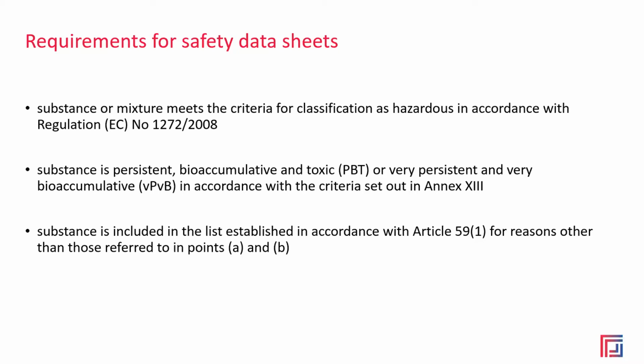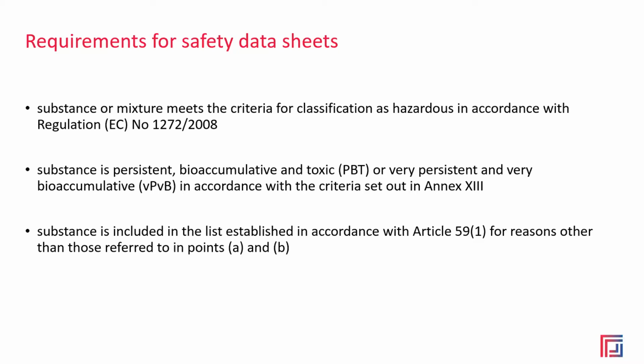I would like also to remind you when there is a requirement for the safety data sheet, when you need to prepare and provide to your customers the safety data sheet. So there are 3 points. When you have a substance or a mixture that meets the criteria for classification as hazardous in accordance with the CLP regulation, you need to compile and provide a safety data sheet.